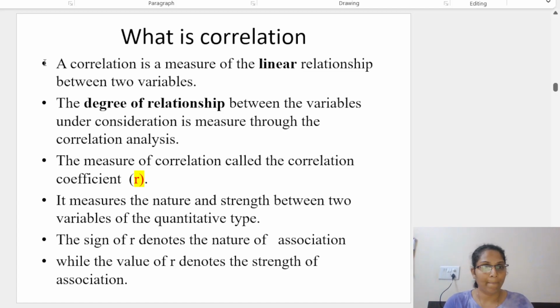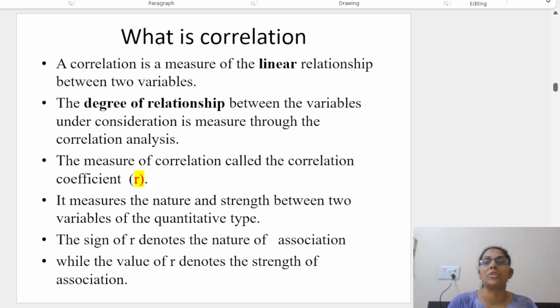Now, that's why I mentioned that correlation is a measure of linear relationship, and there should be a linear relationship between the variables. If there is a non-linear relation, then correlation may not be helpful. That's why, whenever we take two variables and get a correlation of zero, it does not mean there is no relationship between the two variables, but we will say there is no linear relationship between them.